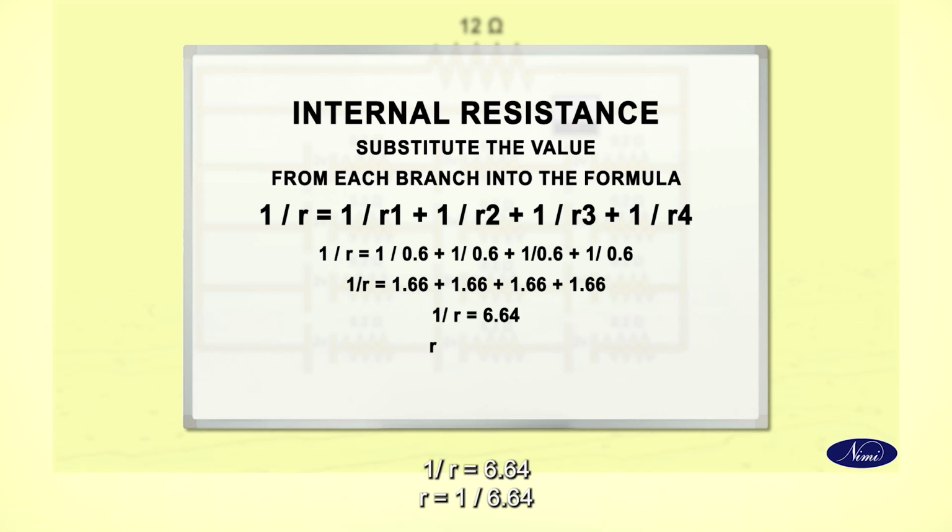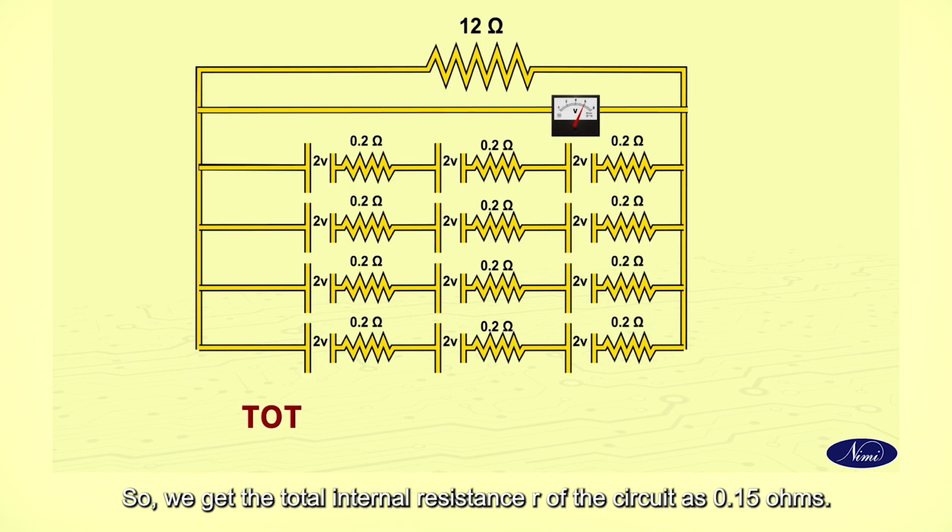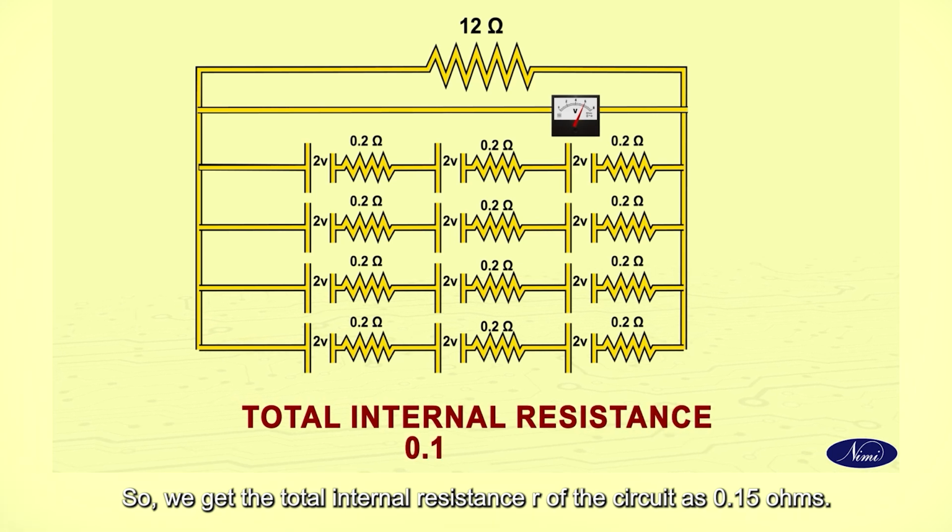R is equal to 1 upon 6.64. R is equal to 0.15 ohm. So, we get the total internal resistance R of the circuit as 0.15 ohms.